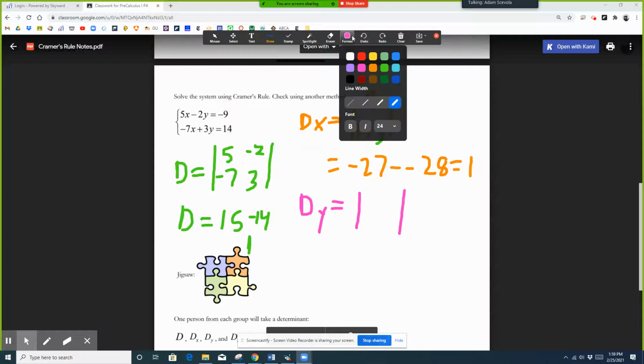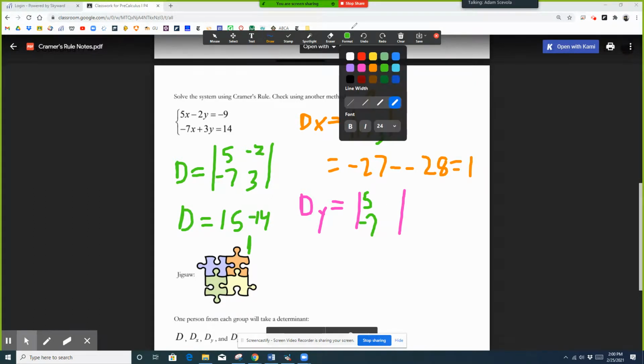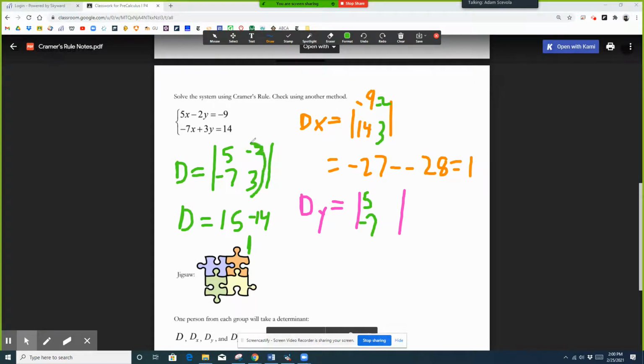So the first column is going to be the coefficients in front of x, just like D. But then for the next column, we replace these numbers here with these numbers. So we'll put a -9 and a 14 there.